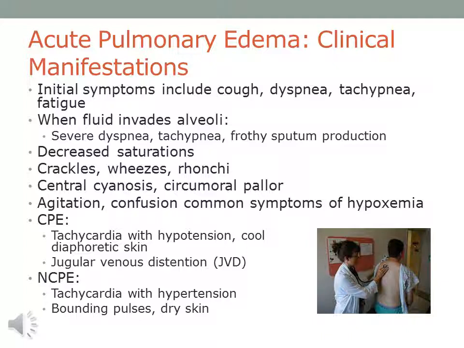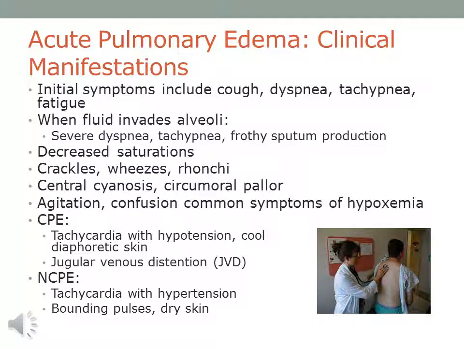If we're talking about non-cardiogenic pulmonary edema, we might have tachycardia with hypertension. Because at this point, it's not related to the heart not pumping effectively. But the body still notices that it's not getting rid of the CO2 or not getting the oxygen that it needs. So we're still going to have the tachycardia because the body's going to try to pump more blood out to the body organs.